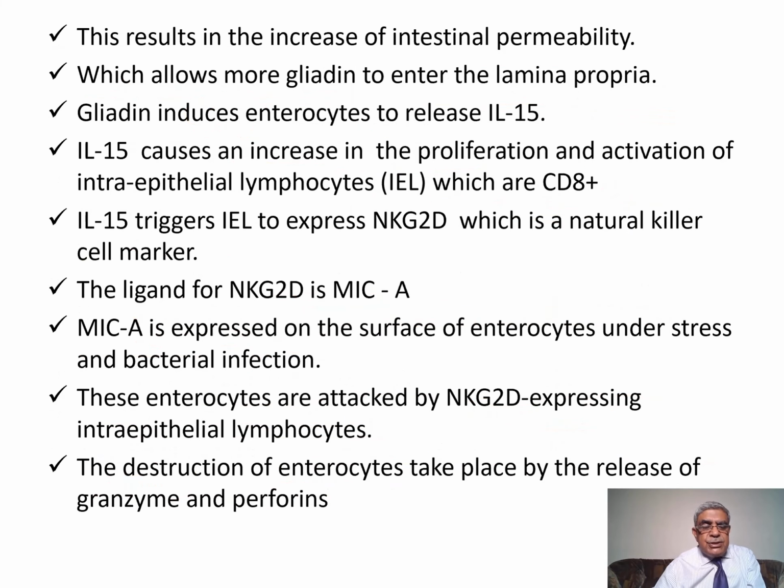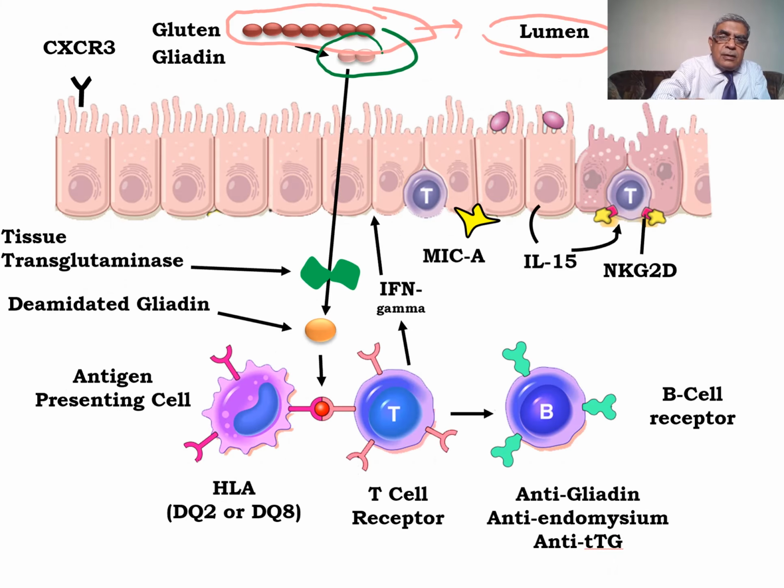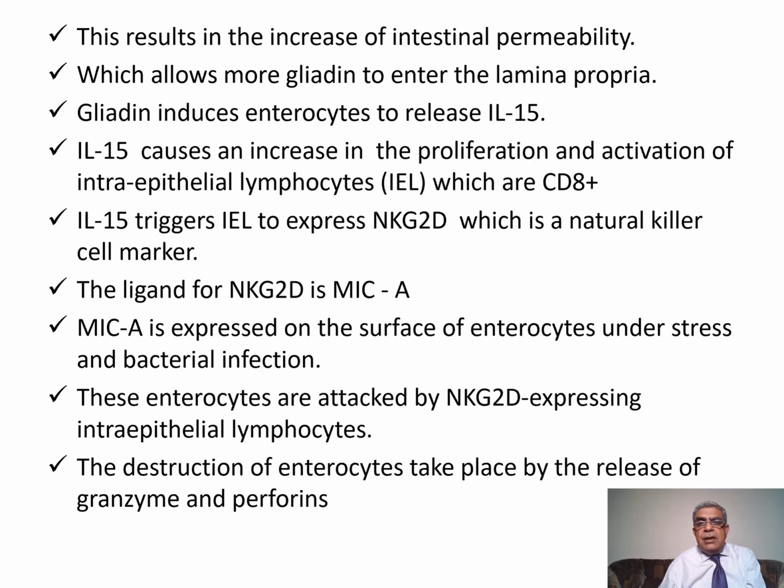Now, once these tight junctions are broken, this results in the increase of intestinal permeability, which allows more gliadin to enter the lamina propria of the intestine.